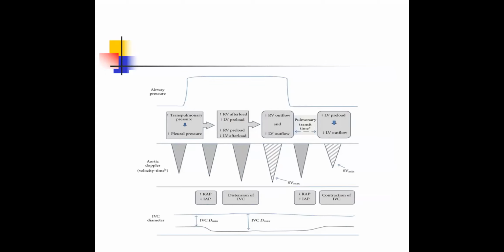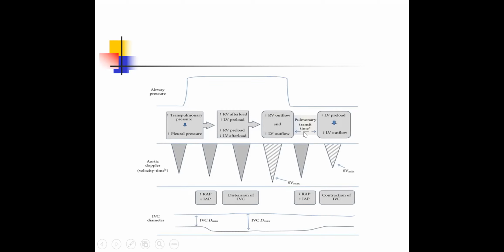So in this flow diagram, we see the mechanical ventilatory cycle. During inspiration, due to the increase in transpulmonary pressure and pleural pressure, and the changes in RV afterload, LV afterload, RV preload and LV preload, we have a resultant decrease in RV outflow and increase in LV outflow, leading to maximum stroke volume during inspiration or at the end of inspiration.